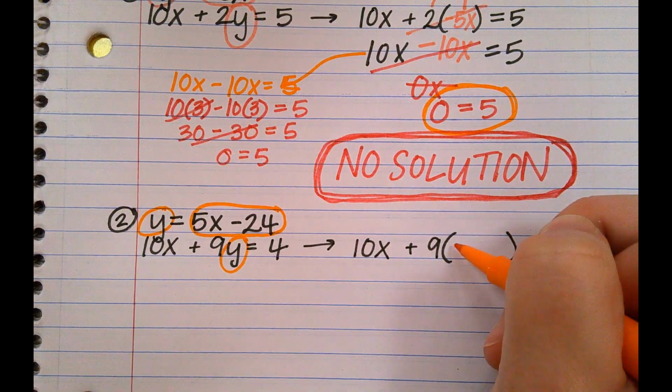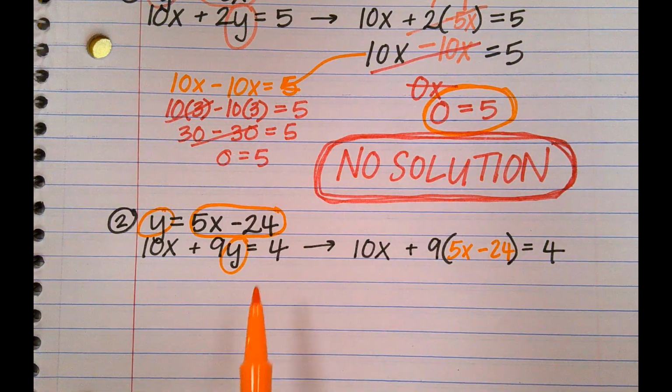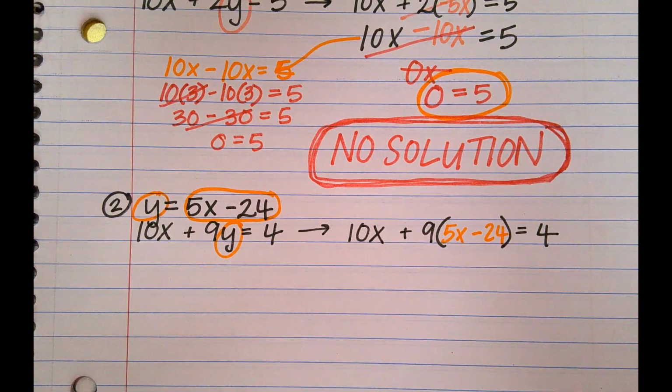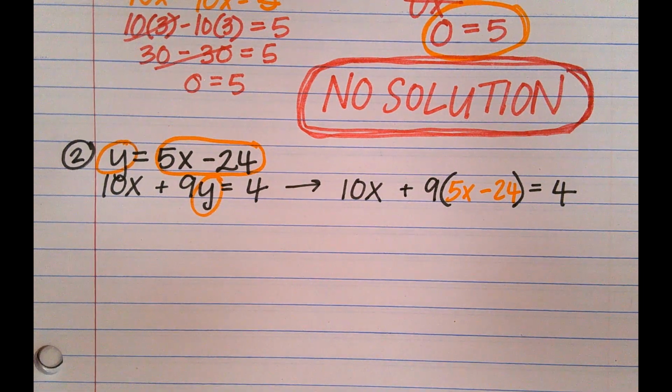So it goes here, 5x minus 24. And I just copied over the rest of the equation, equals 4. So I plugged in my y value. We substituted it. What happens next?